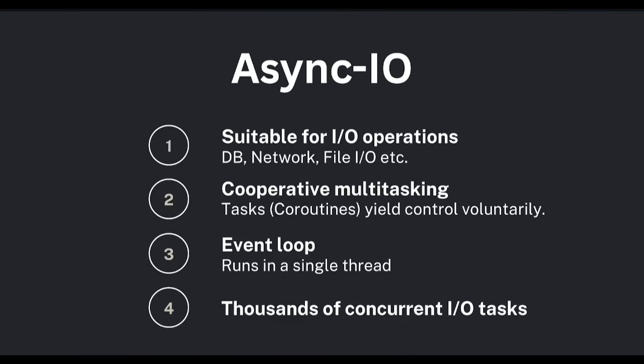The coroutines execute and yield the control back to the event loop voluntarily, and this nature makes AsyncIO cooperative multitasking.